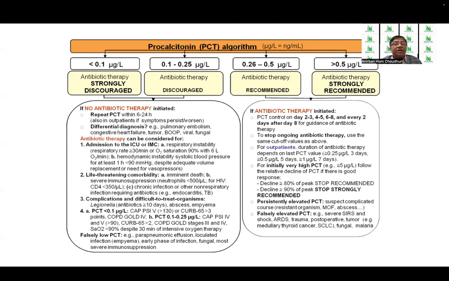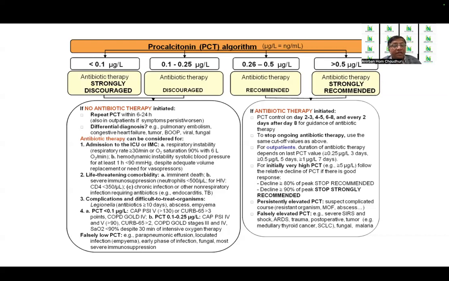If no antibiotic is initiated, we can repeat PCT within 6 to 24 hours, look into the differential diagnosis, and we can consider antibiotic therapy for admission to the ICU based upon certain features like respiratory instability, hemodynamic instability, or life-threatening morbidities like imminent death or severe immunosuppression, etc. Complications and difficult to treat organisms like Legionella in presence of abscess or empyema in the patient.